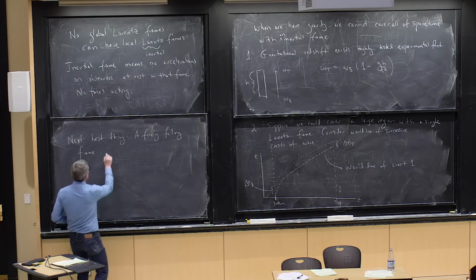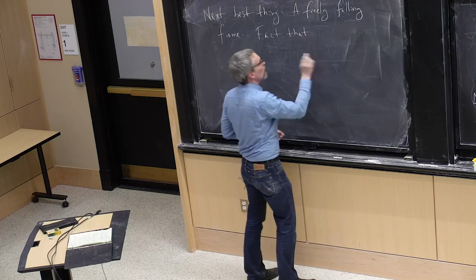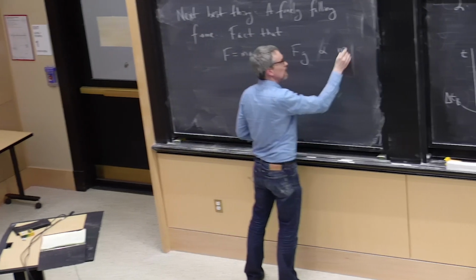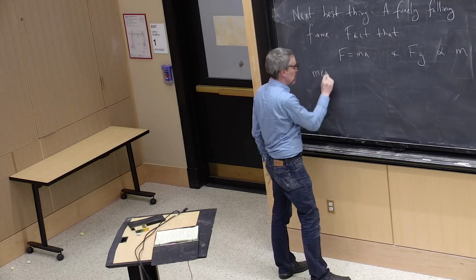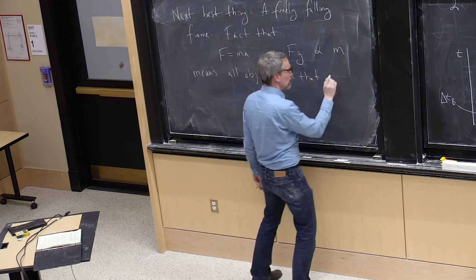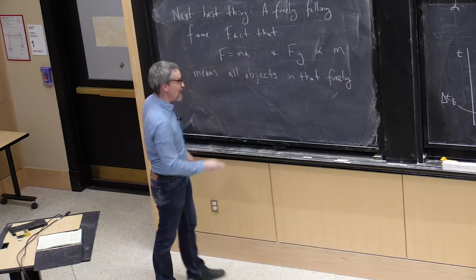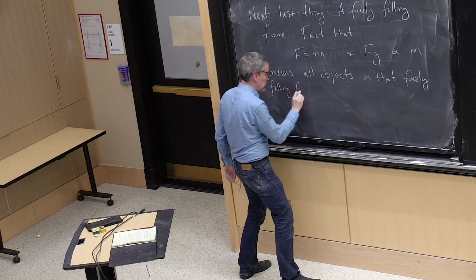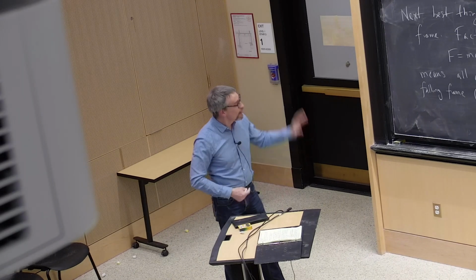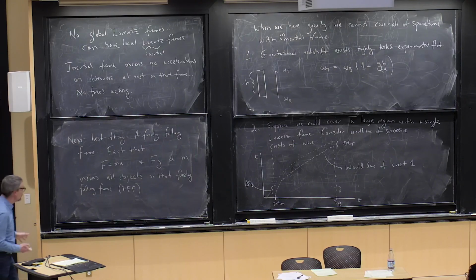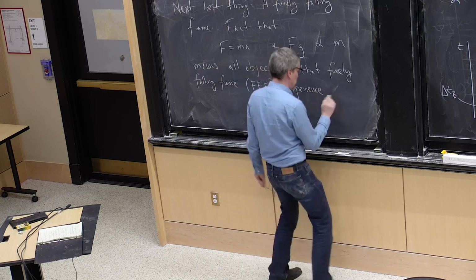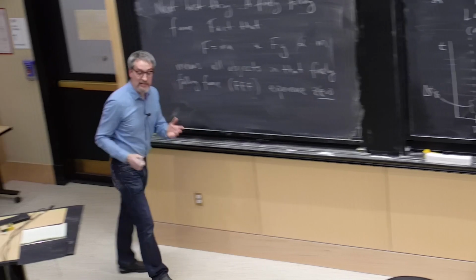And so the fact that we have F equals ma and F_g proportional to mass means that all objects in that freely falling frame, a term I'm going to start using a lot, so I'm just going to abbreviate it FFF, if I get really lazy I might call it an F cubed, are experiencing the same acceleration, and so they experience zero relative acceleration, at least in the absence of other forces.